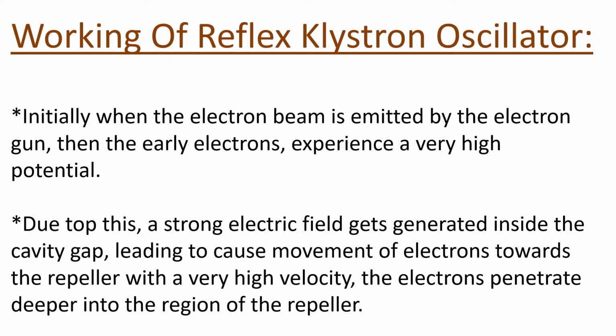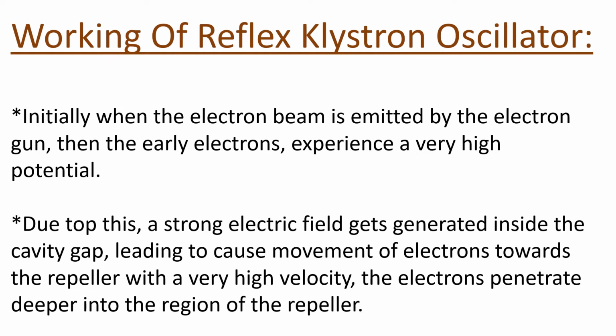Due to this, a strong electric field gets generated inside the cavity gap, causing movement of electrons towards the repeller with a very high velocity. Due to high velocity, the electrons penetrate deeper into the region of the repeller and thus require greater time to repel back towards the catcher cavity.